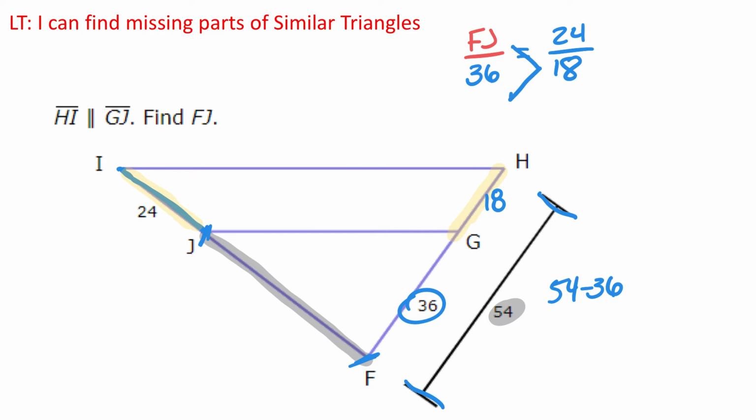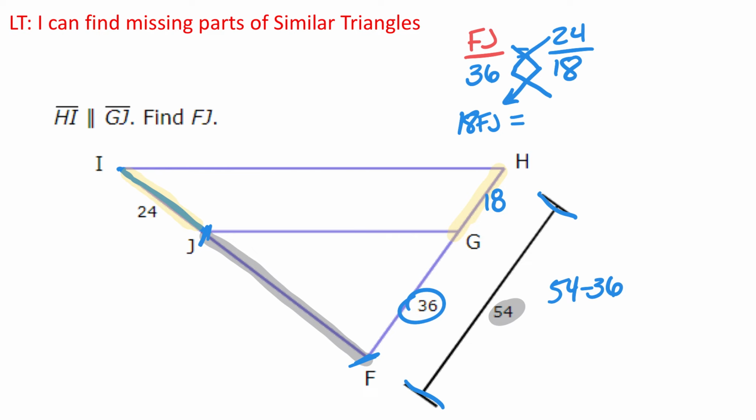Some of you are going to notice patterns, and that's fine. Kind of like 36 is double 18, so that means the other side's going to have to be double. If you don't, that's okay. We can set up our proportions, and we keep cross multiplying. 24 times 36 is 864.